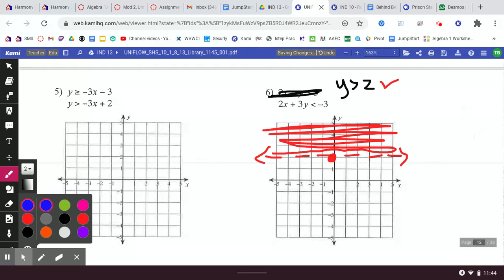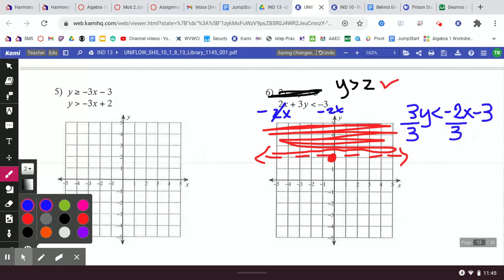All y is greater than 2, so I'm going to shade everything above 2. Now, my other one is not graphable yet. I have to get it. Oh, shoot, I picked the wrong one. Oh, well. I have to get it graphable. So I'm going to subtract 2x and subtract 2x. And that gives me 3y is less than negative 2x minus 3. Now, I should have picked one that had this example, but right now I'm going to divide by positive 3.